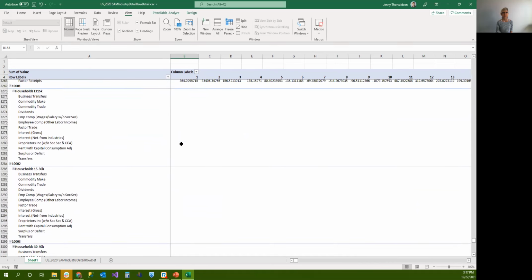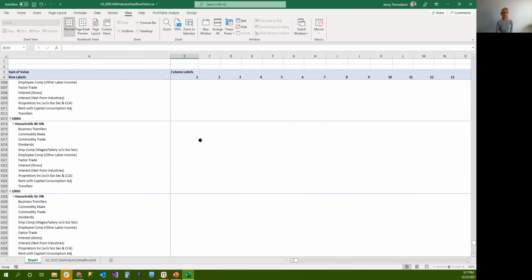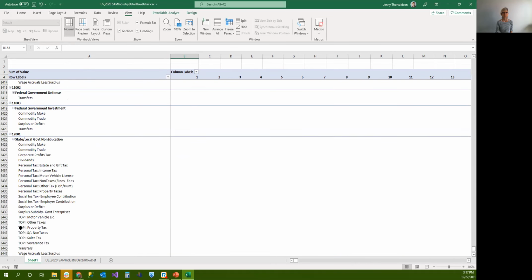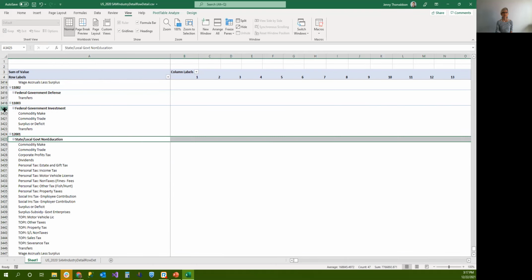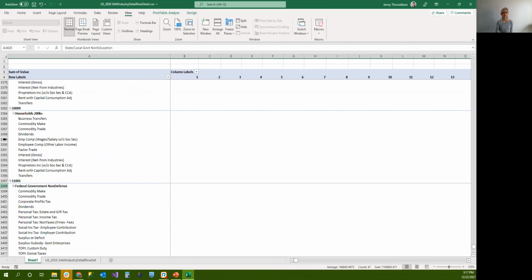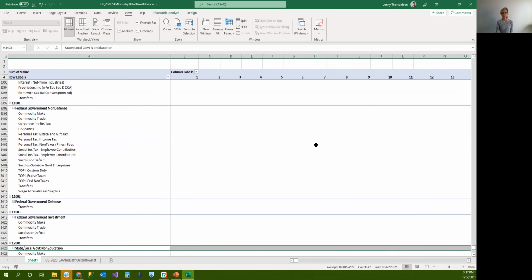And the first thing I want to point out is that you'll see that none of these industries pays anything directly to government. So here you can see state and local government over here, and federal government, different types over here. And you see that it's empty. None of these industries are paying directly to government.